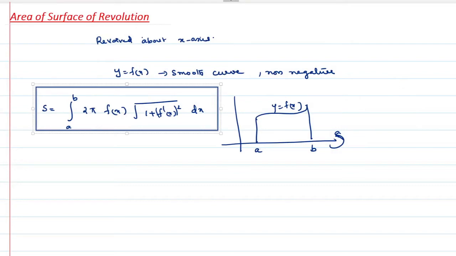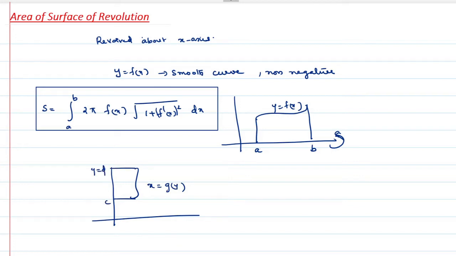In the second problem, here we will have a curve x is equal to g of y, between y is equal to c and y is equal to d. Right?